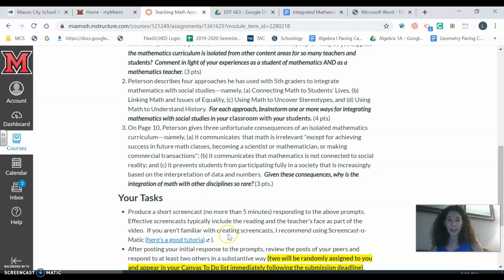So in this last question, where Peterson gives these three unfortunate consequences if we continue to isolate mathematics from other curriculums, in terms of his first consequence, I don't know, I kind of, as an educator, I've always tried to just convey, no matter what course I'm actually teaching, that math is just problem solving.